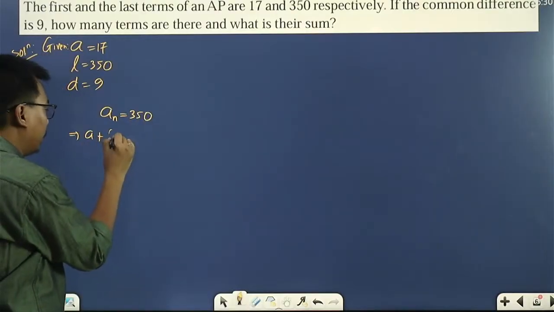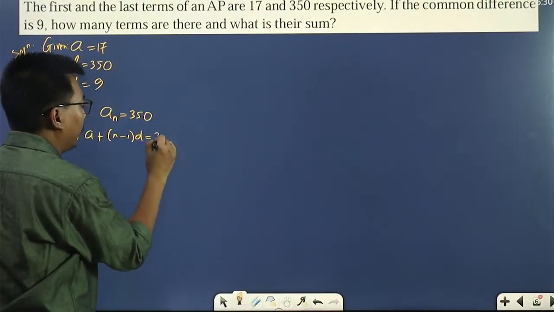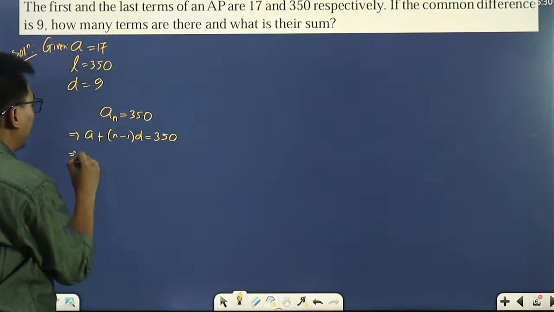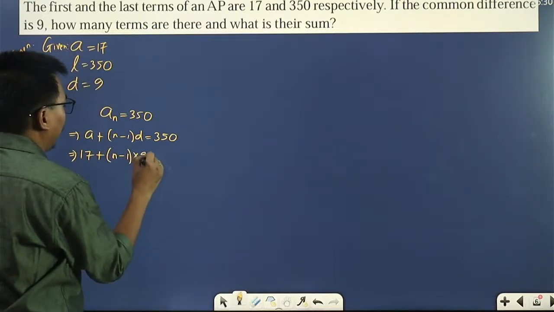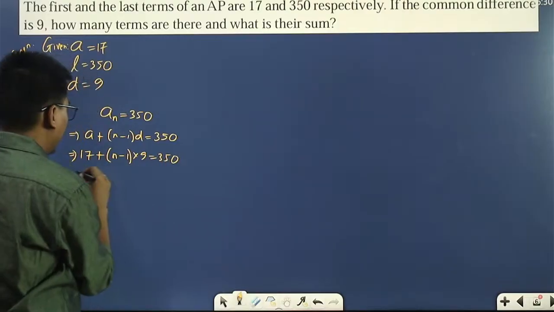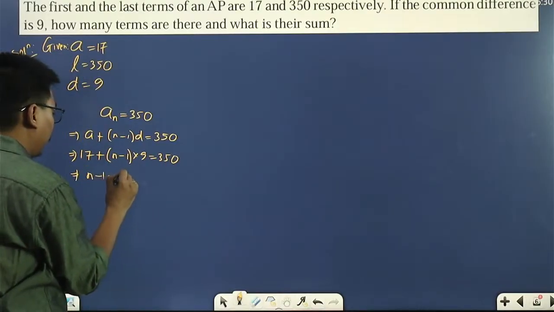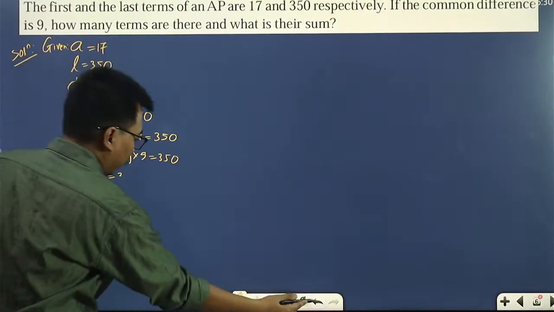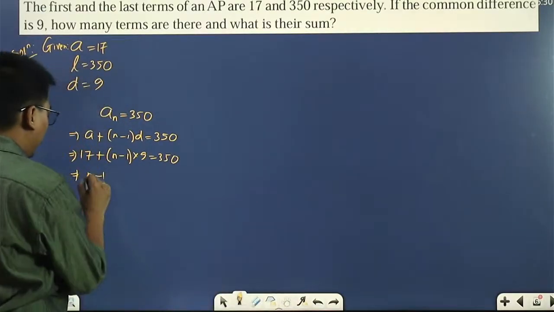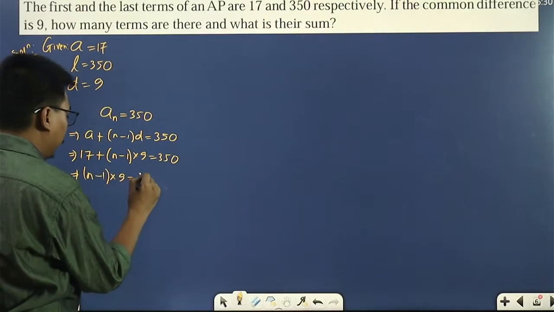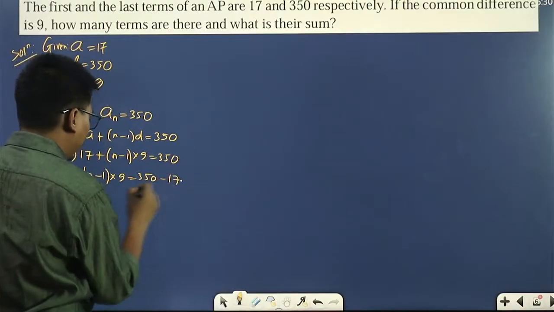So an, we can write this, a plus (n minus 1)d equal to 350. How much is a? 17 plus (n minus 1) into 9 equal to 350. So (n minus 1) into 9 will be 350 minus 17, which is 333.